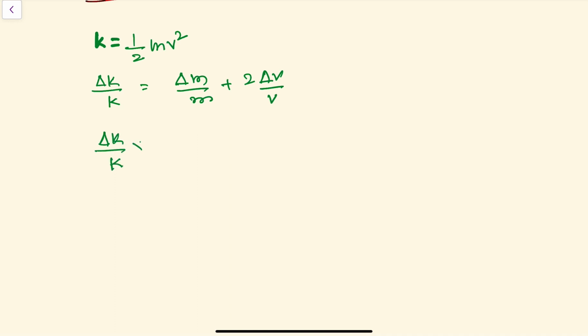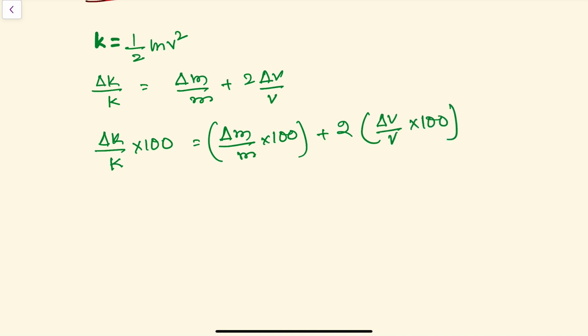Delta k by k into 100 is delta m by m into 100 plus 2 delta v by v into 100. This is 2 percent plus 2 into 3 percent, so 6 plus 2, 8 percent. That is the error present in the ninth problem.